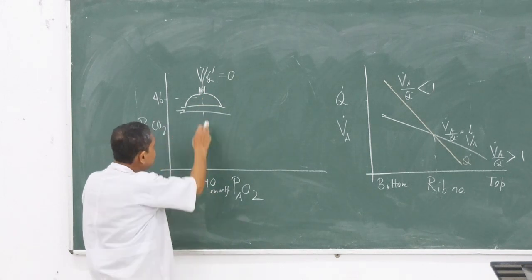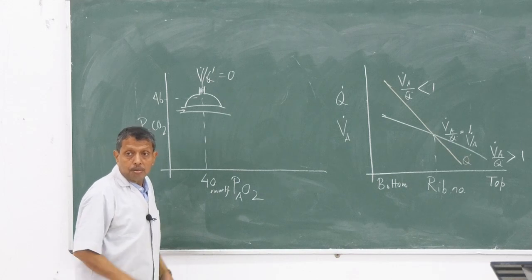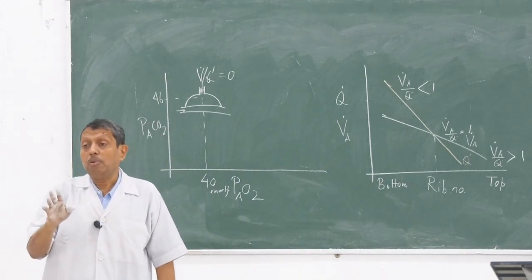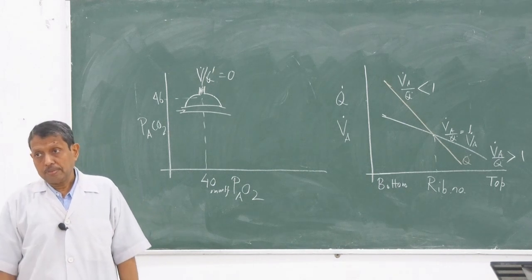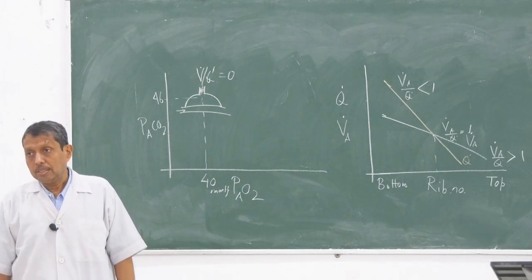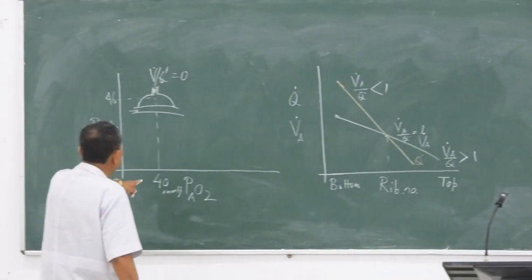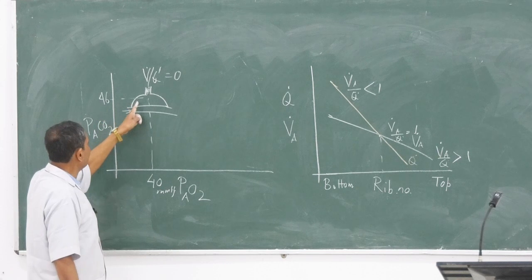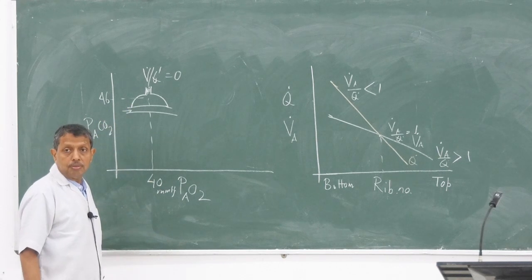So the blood that is coming will take this. For theoretical thinking, you are considering that the alveoli is not collapsing. In that case, it will be 40 millimeter of mercury PaO2 and 46 millimeter of mercury PCO2.